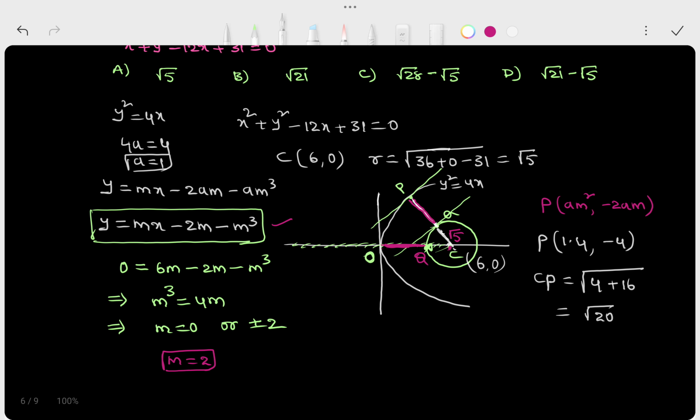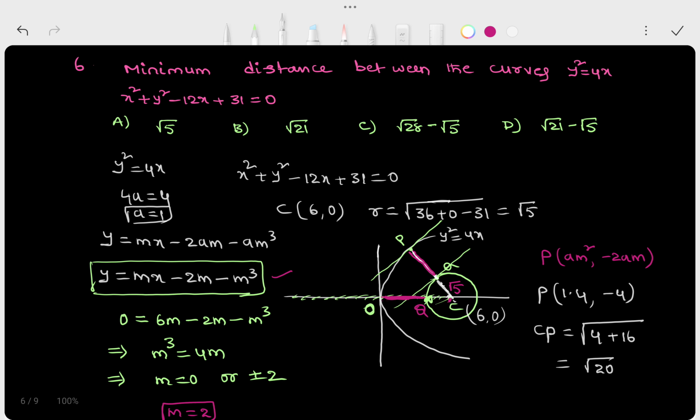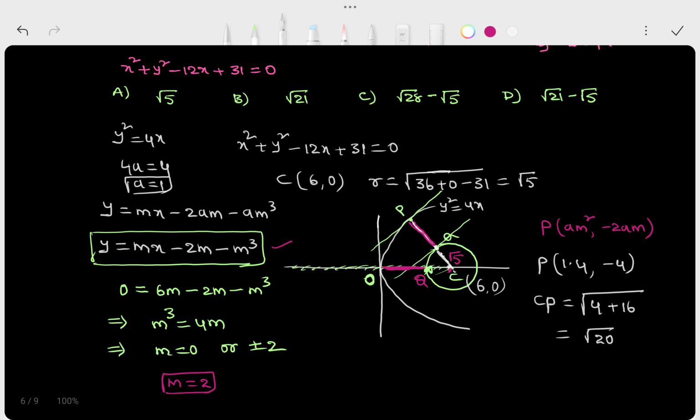But that is not there in the options. And if you take plus 2 or minus 2, anything you can take, am square comma 2am, am square comma minus 2am, right? This value will be root 20. Okay, so let it be, check this problem once again.